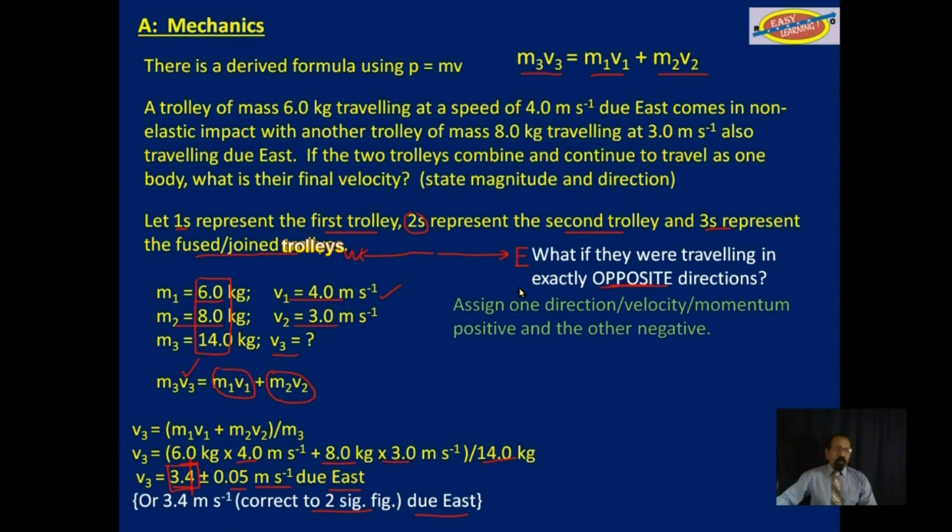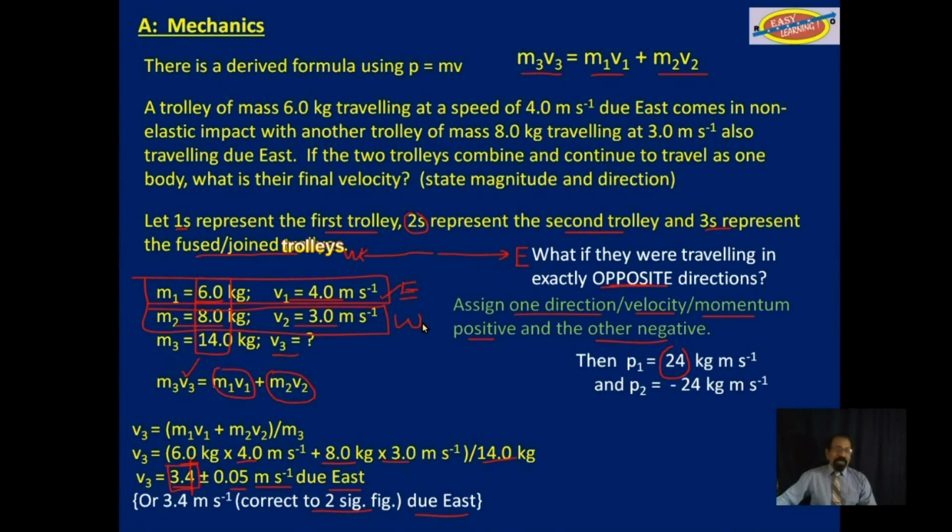Then we will assign one direction, velocity or momentum positive and the other negative. So P1, let us say this here is P1, that will be positive 24. And this one here going west, that one was going east, this one going west will be negative 24 when we multiply 8 by 3.